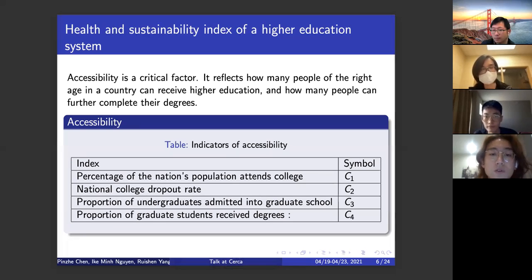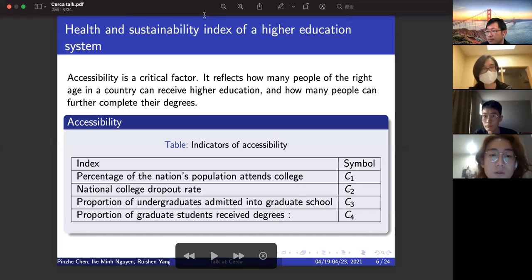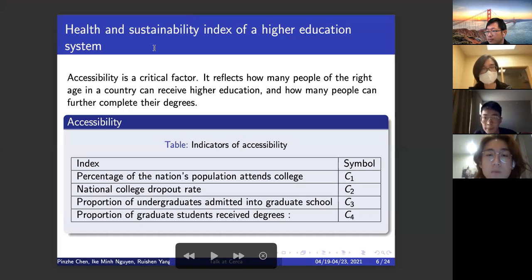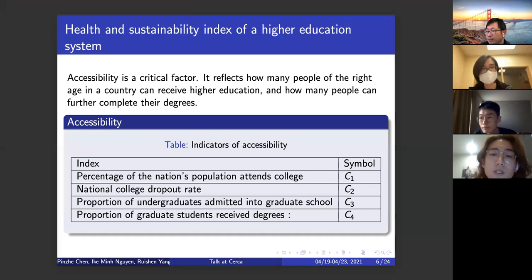Accessibility is a critical factor. It reflects how many people of the right age in a country can receive higher education, and how many people can further complete their degrees. A higher accessible rate would reflect a better ability to provide higher education.